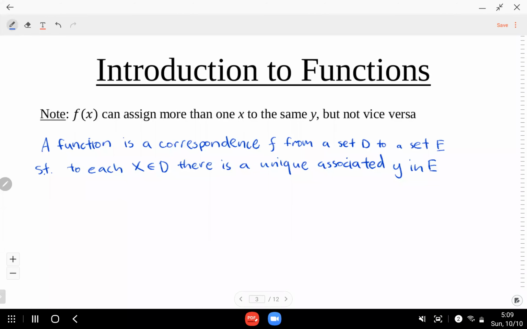What's the meaning of this definition? It's best that I draw you a little picture.